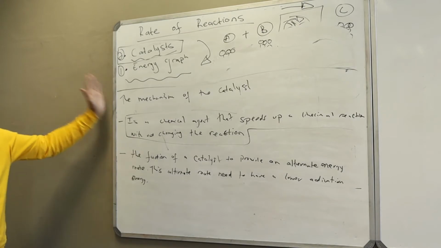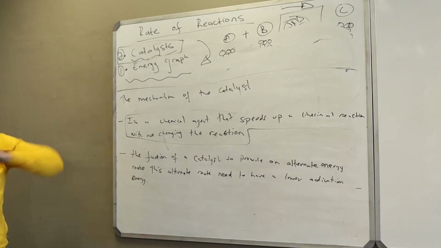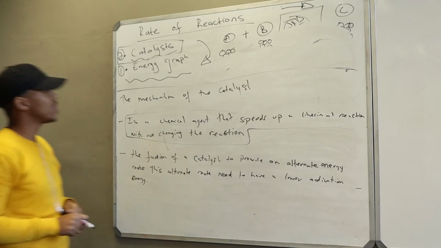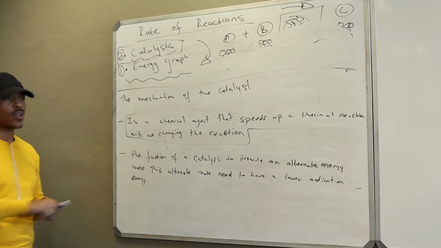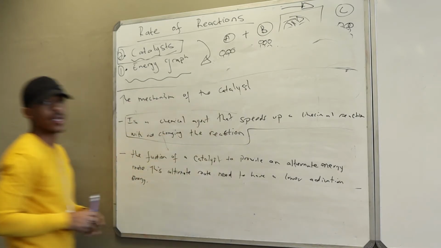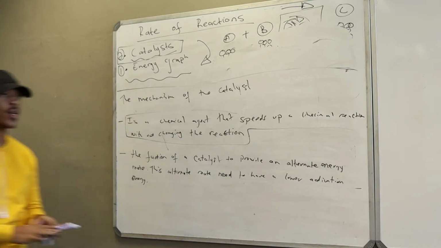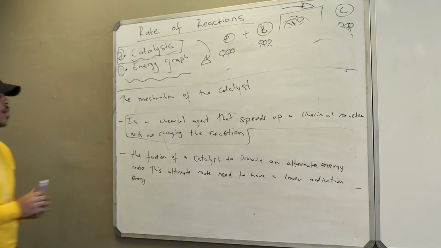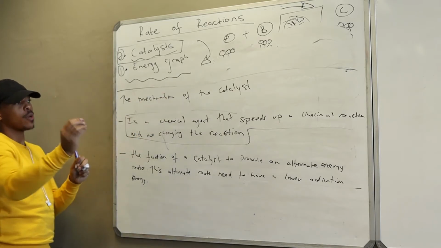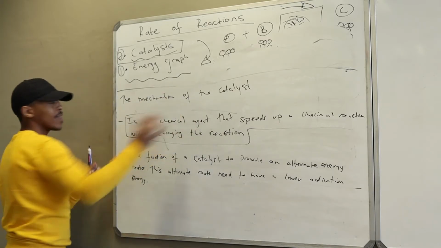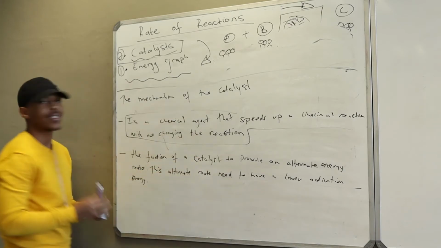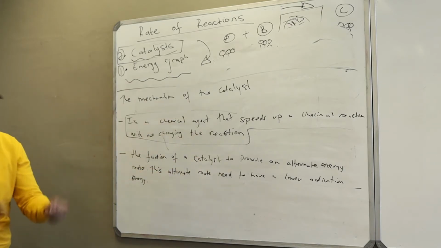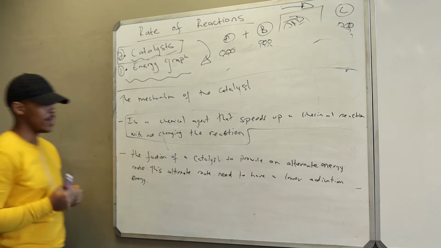The previous energy graphs were the Boltzmann distribution curve, and the second were the potential energy graphs, in relation to the energy of the products and the energy of the reactants. We're going to do those again, but then add the catalyst to those graphs and see how they change.